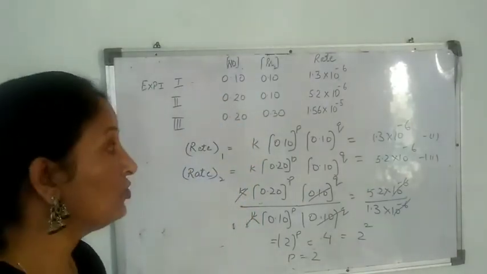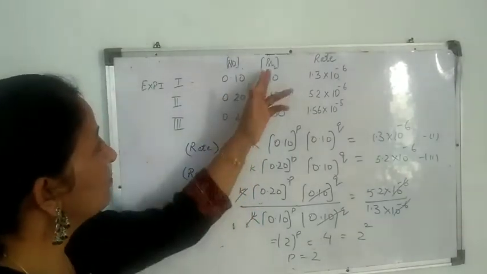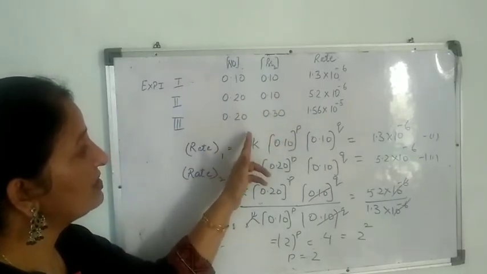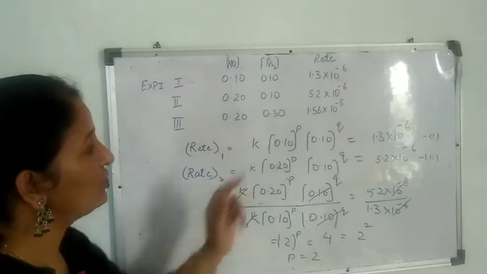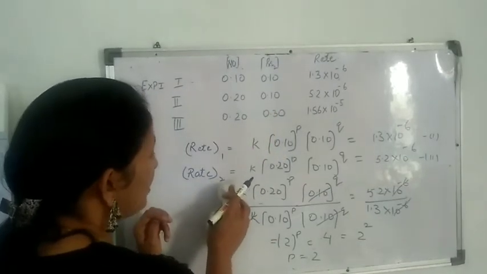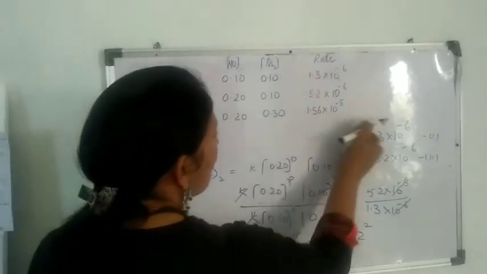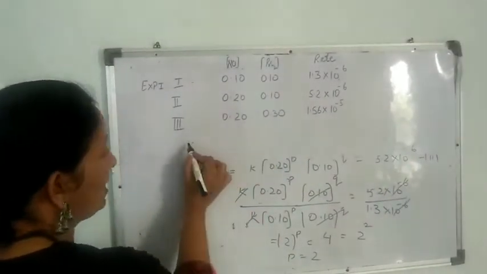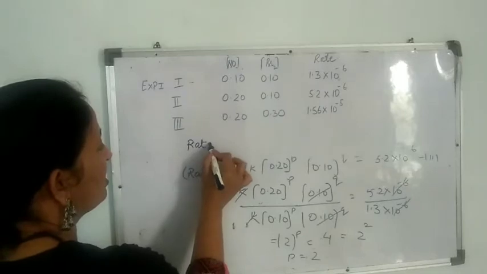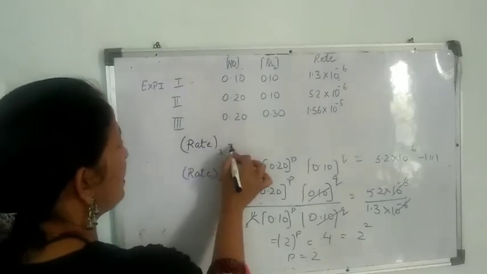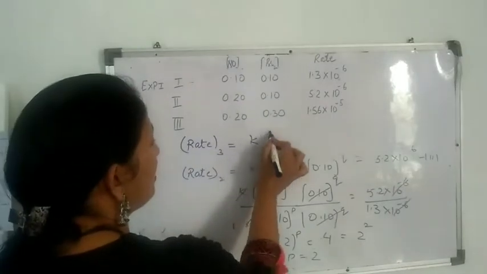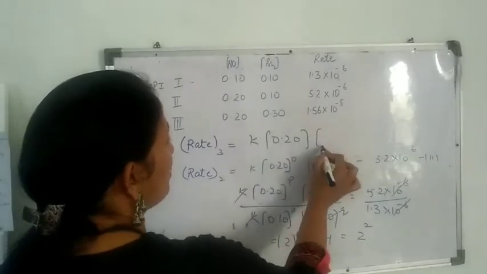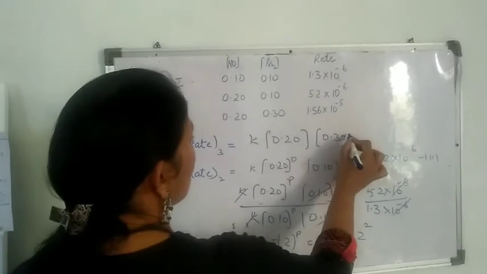Similarly, we will find out order with respect to Br2. Here the concentration of A remains same, NO remains same, Br2 changes. So we will have rate 2 and rate 3. So third rate law expression for third experiment will be rate 3 is equal to K into concentration of 0.20 into concentration of 0.30.